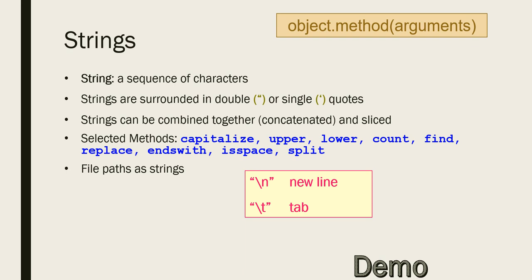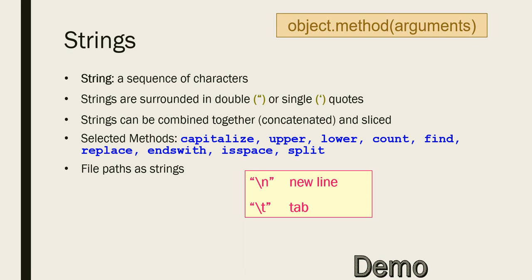Say you are quoting something that someone else said, then you have to use both of them. Because you don't want to confuse Python, you can use double quotes first, and then for a quote in your text, you use single quotes.